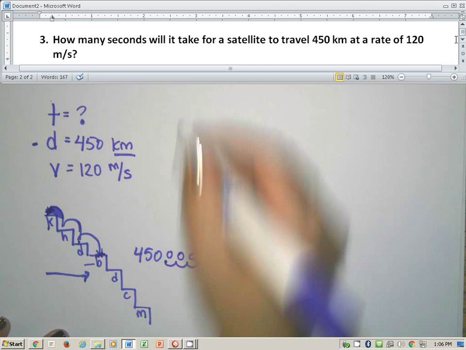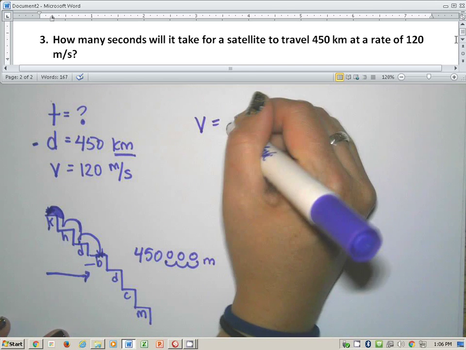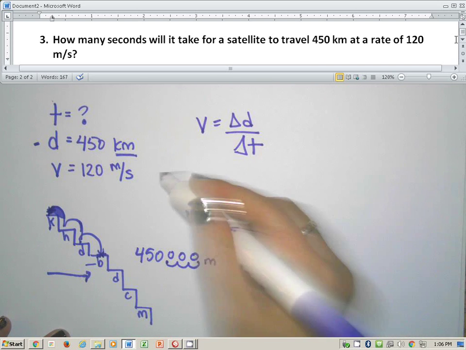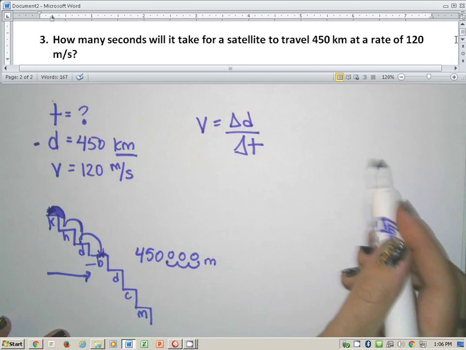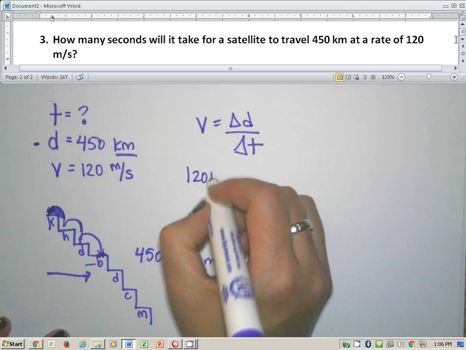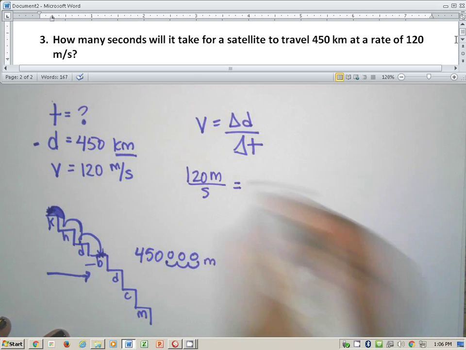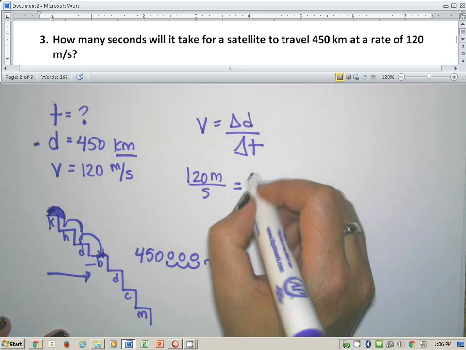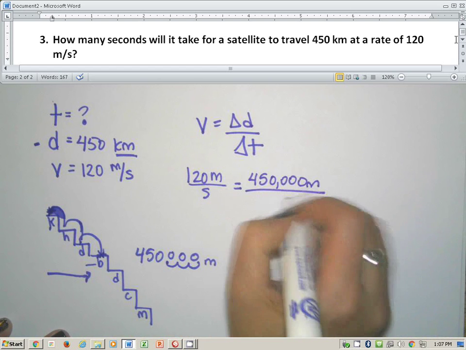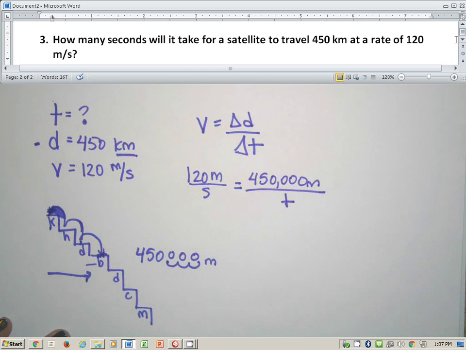Perfect. I know that I'm using this equation because, yet again, I only have V, D, and T written here on my paper. But this time I have the V. I know that 120 meters per second is equal to 450,000 meters over some number T. Well, how to solve this?